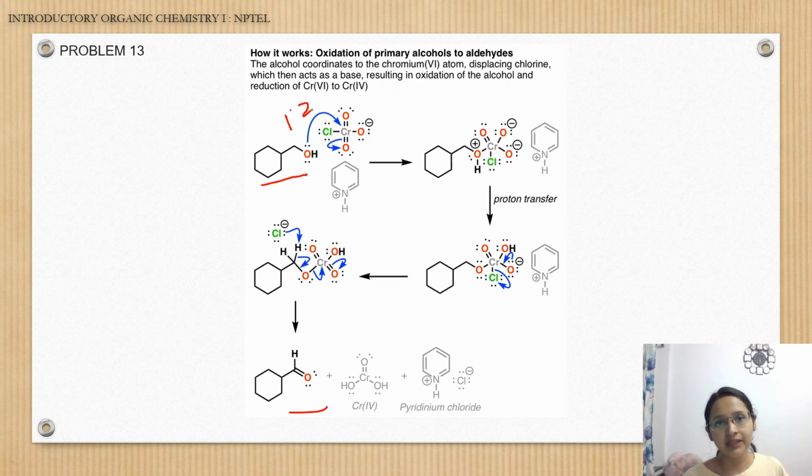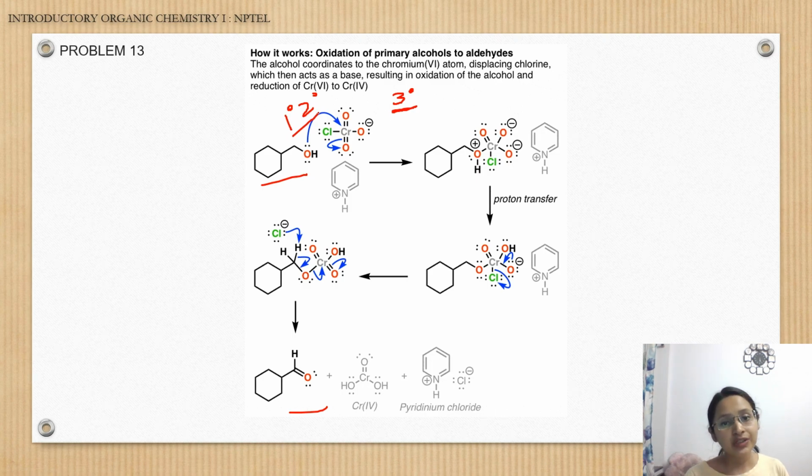It has a selectivity: it will react with primary and secondary alcohol, but for tertiary, it is not going to give you the reaction. Tertiary alcohol is not going to give you oxidation in the presence of PCC, but primary and secondary give you the oxidation. So there is a clear-cut selectivity arising in the case of PCC, which is not there in the case of Jones reagent.